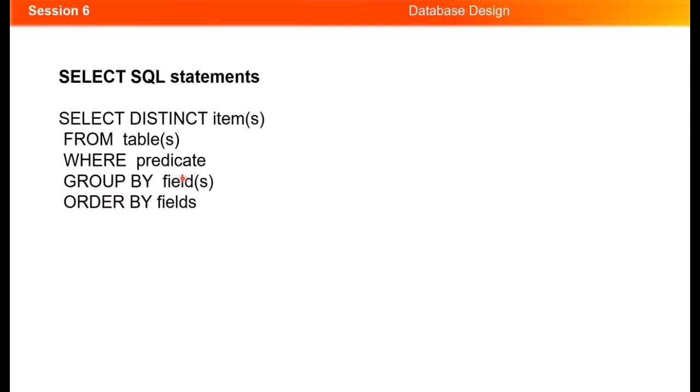So we can group by a particular field, say it's name or status, and then we can order by, meaning that we can sort. So we can sort alphabetically, numerically, and we can even go beyond these commands here.